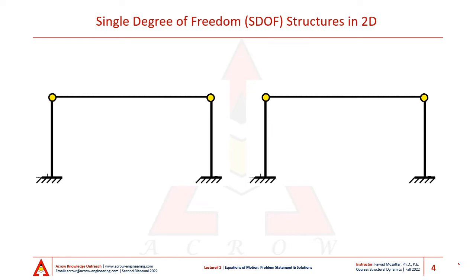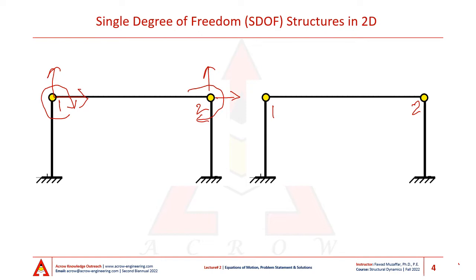Now, if I'm not making any assumptions, and let me label the nodes, then my node 1 can move in the horizontal direction. My node 1 can also move in the vertical direction. My node 1 can rotate. Similarly, my node 2 can move in the horizontal direction, the vertical direction, and it can also rotate.